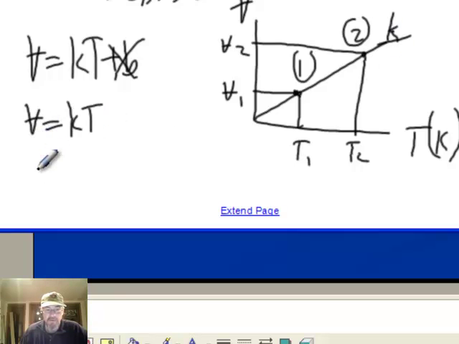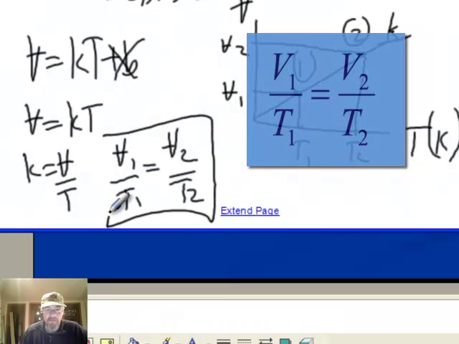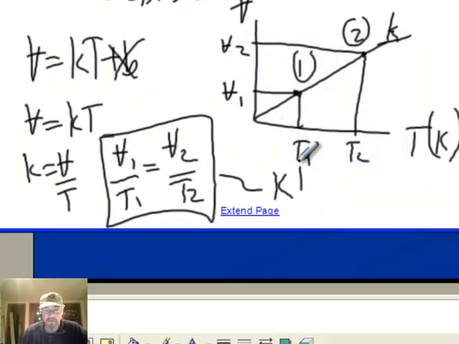And so if I solve this relationship for K, I find that K is equal to V divided by T. So that means V1 over T1 is K, but V2 over T2 is also K. And so now we have a two-point form of that relationship. And remember, this only works if you use Kelvin temperature. Very important. This relationship is not valid unless you're using Kelvin temperatures.